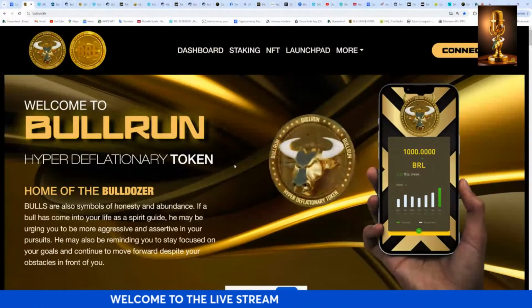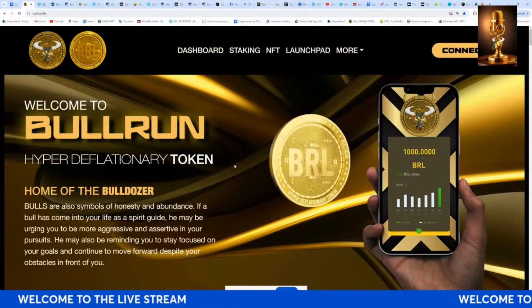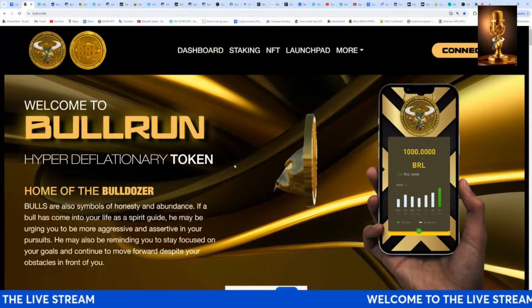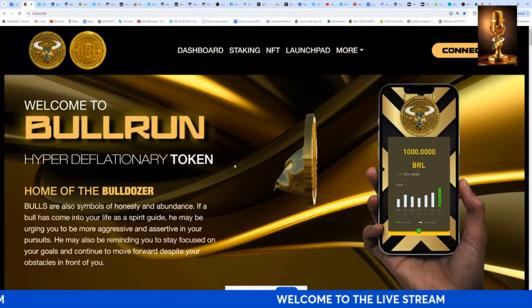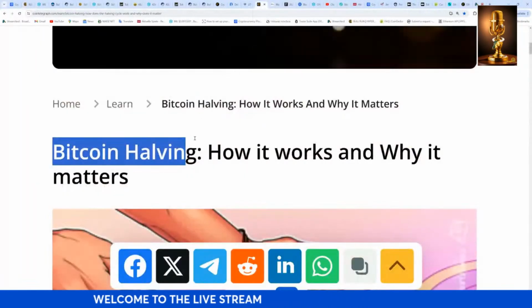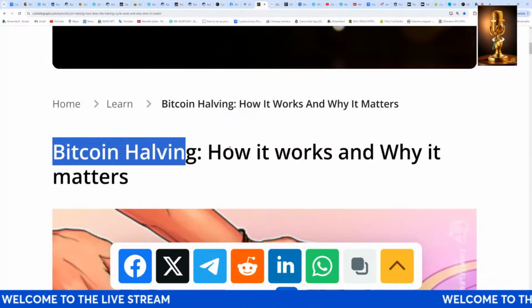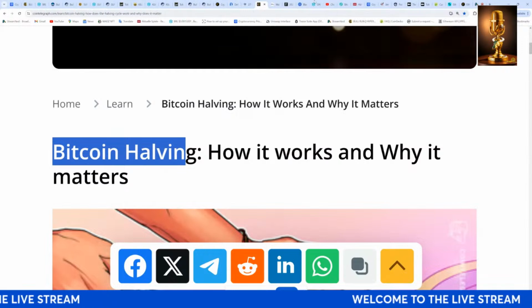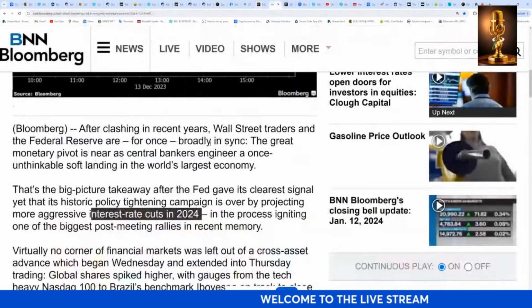We are built coming out of a bear market. And now we are about to experience a bull run with all these catalysts that are still ahead of us, especially the Bitcoin halving, like we said, this event happens every 4 years. And also still ahead of us are the interest cuts that are about to come as well.